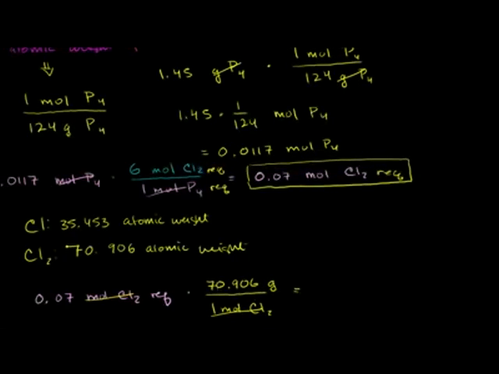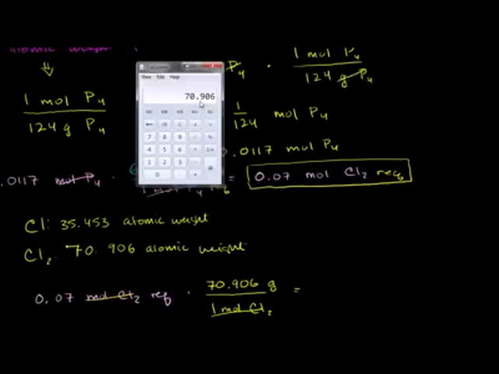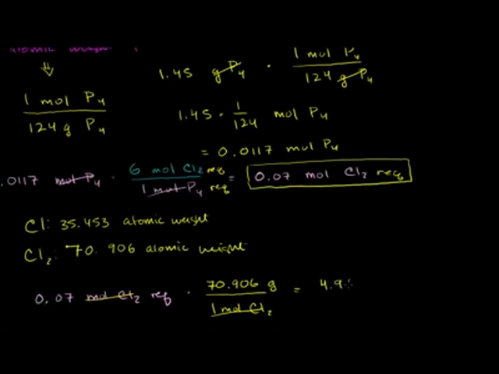So 70.906 times 0.07 is equal to 4.96 grams of chlorine gas required.